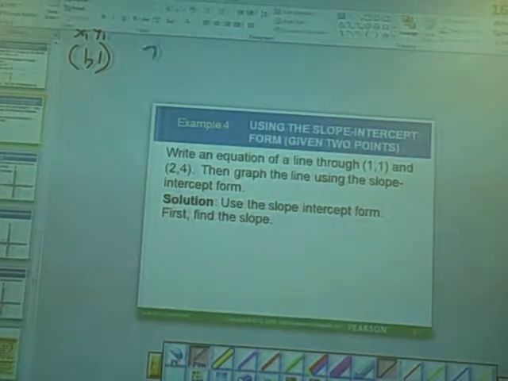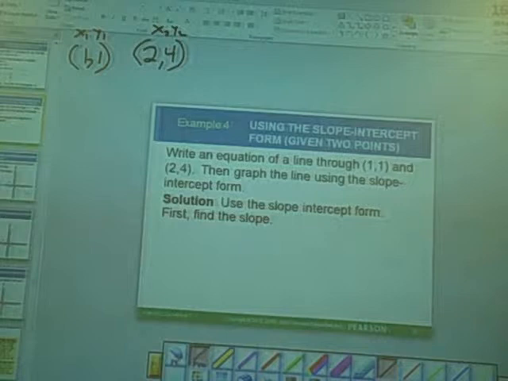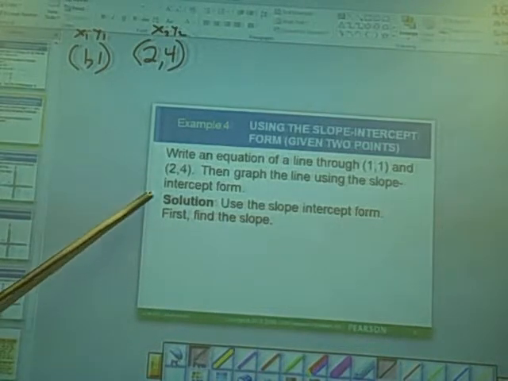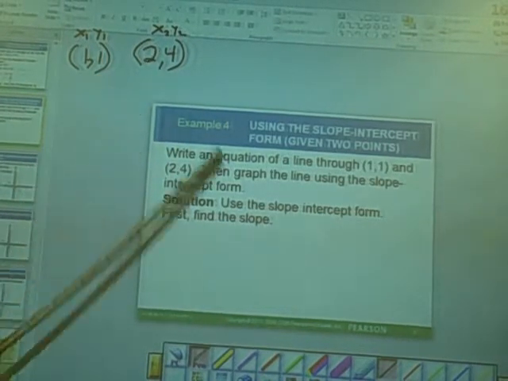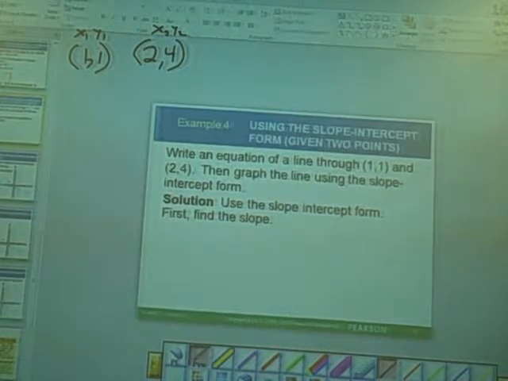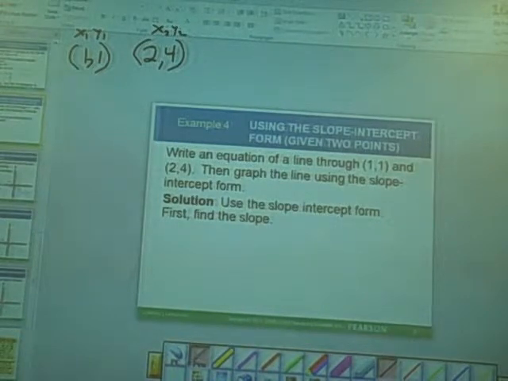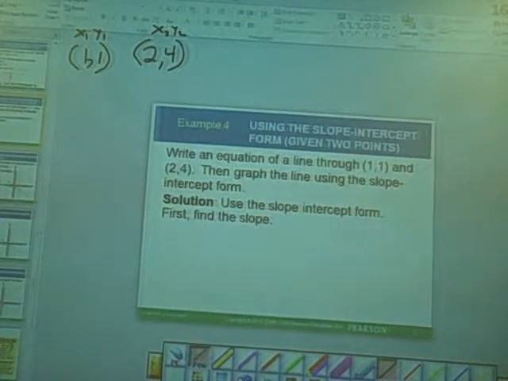And we also have 2, 4, and that's x2, y2. Now, it seems elementary to write x1, y1, x2, y2, but you'd be surprised how easy it is to mix those up. Writing those down will help you keep from making mental errors.